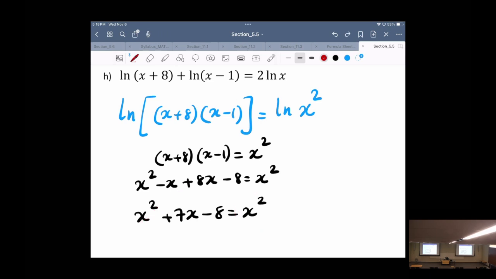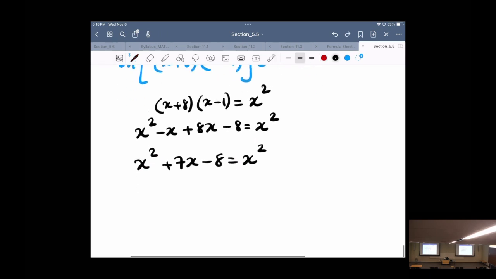So let's do that. That's actually to our advantage. So we have x squared, which is this one. Then I'm going to move this from right to left. It's going to be minus x squared. And then I have plus 7x minus 8.